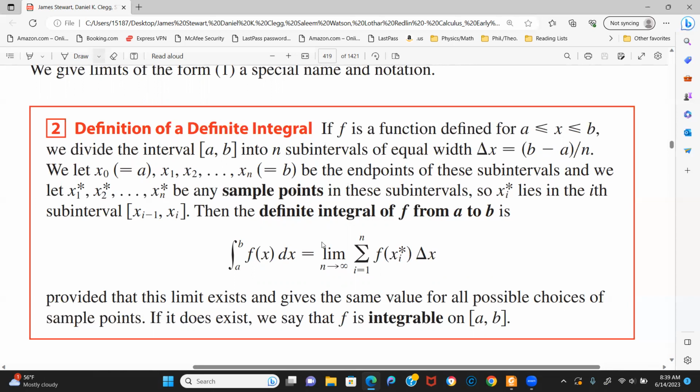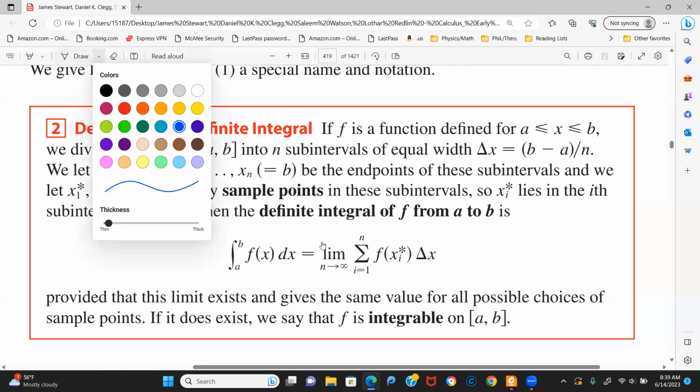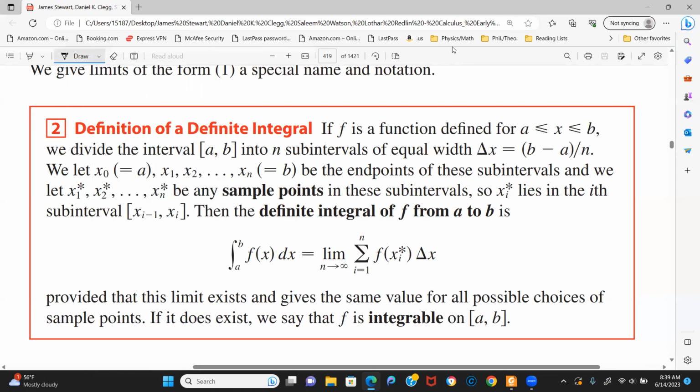Okay, so we have a function f defined on a closed interval a comma b. We want to divide this interval into n subintervals of equal width, just as we had done in the previous section.